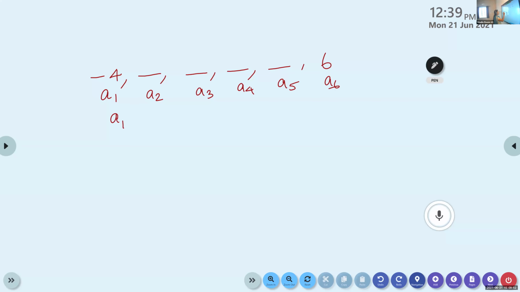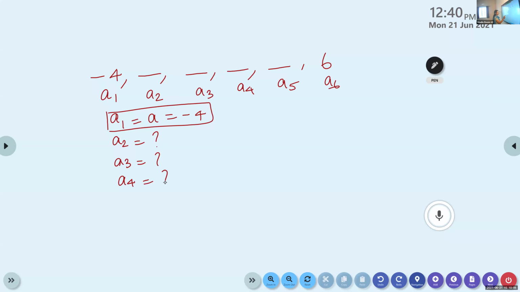A1 is equal to A, which is minus 4. This is given. A2 is question mark. A3 is question mark. A4 question mark. A5 question mark. And A6 is given as 6. So apply the formula and find out.